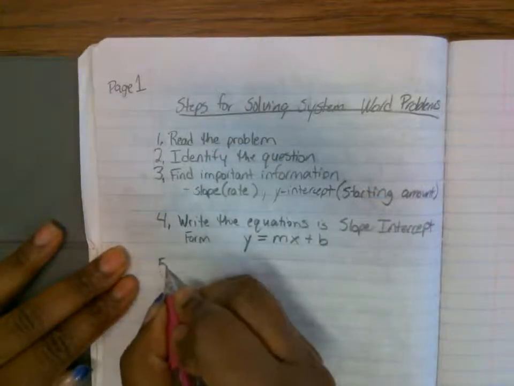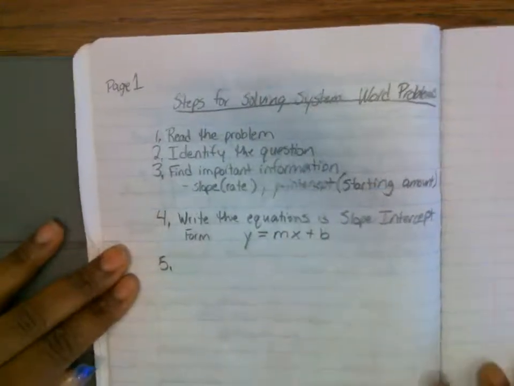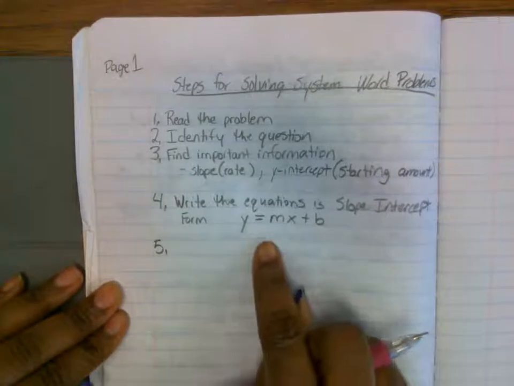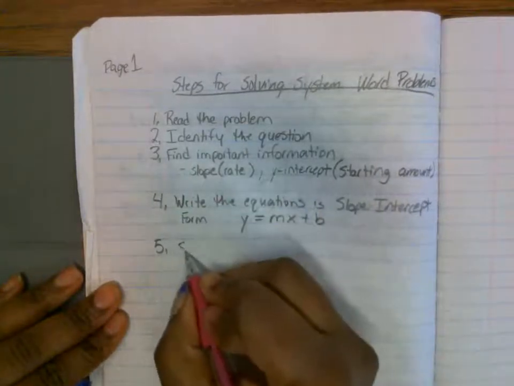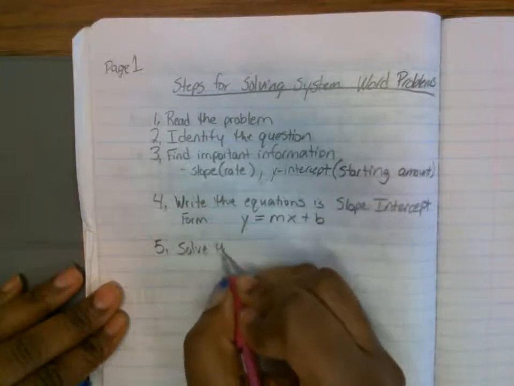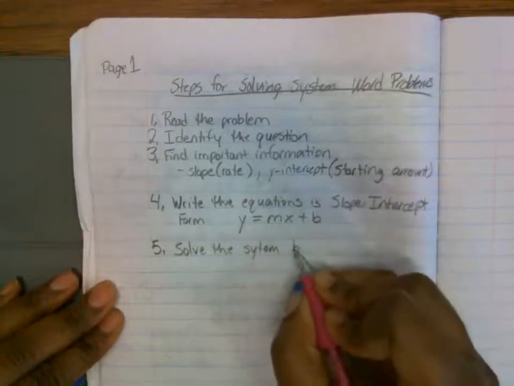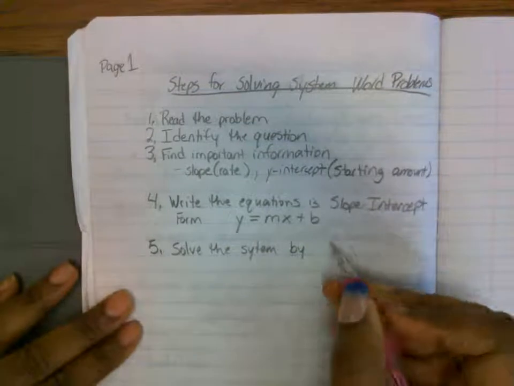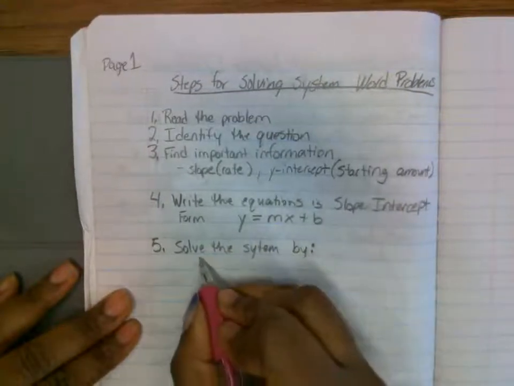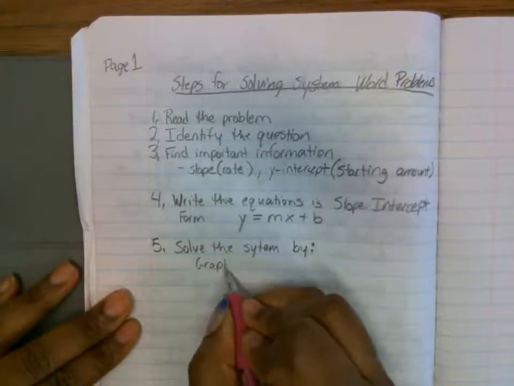Number 5, you're going to solve the system. You're going to do some of these things, okay? You're either going to graph them to see where they cross.